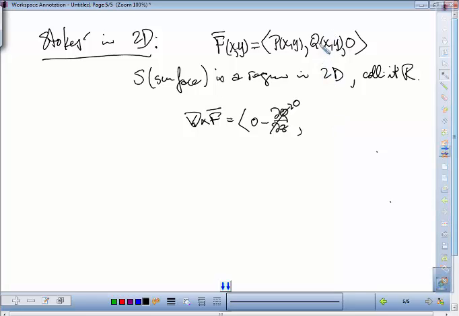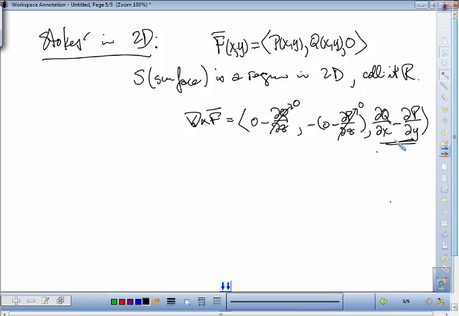Likewise, the same thing happens in the j direction: the derivative of 0 with respect to x, and the derivative of P with respect to z, which is also 0. The last one is going to be the derivative of Q with respect to x, and the derivative of P with respect to y. There you go.